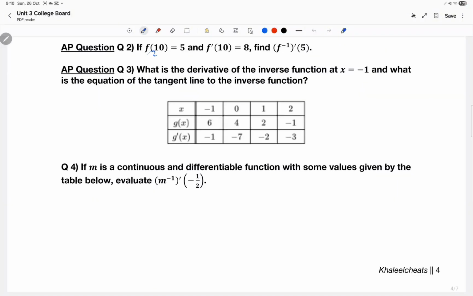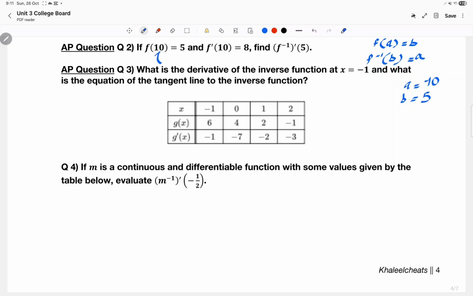So for question 2, we all know that when f of a is equal to b, we also know that the inverse function in terms of b would be equal to a. And so if a is a 10, b is a 5, right?